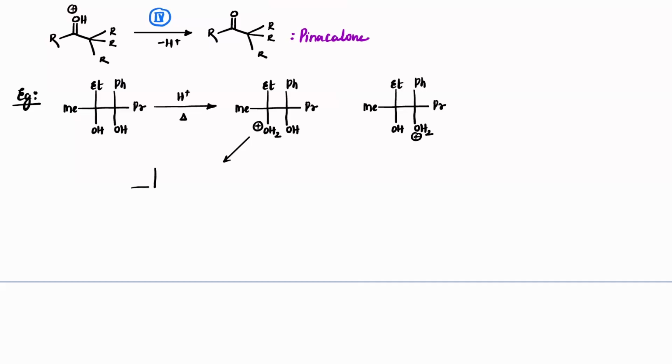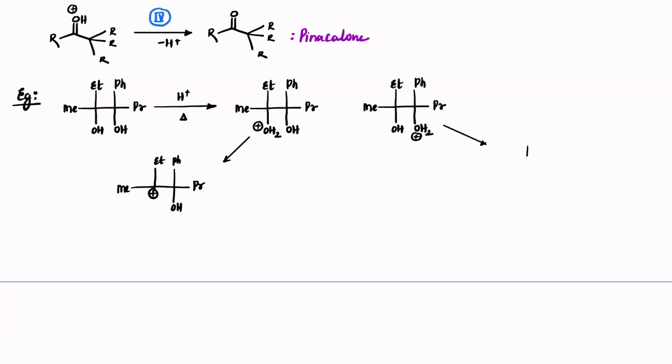That carbocation will be like this. We will have OH, Ph, Pr, ethyl, methyl with positive charge. And this side also we can get a carbocation.